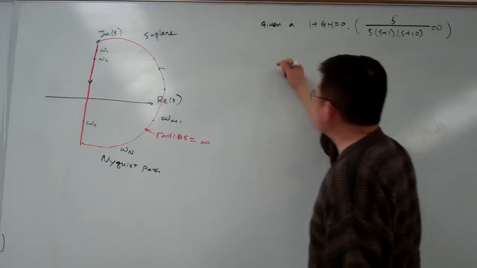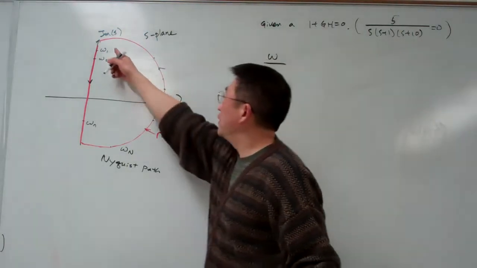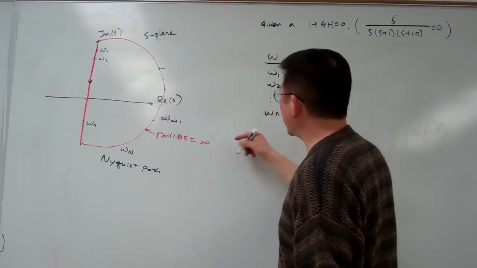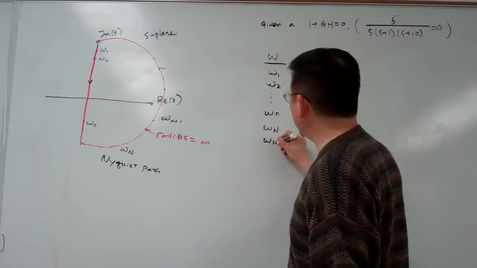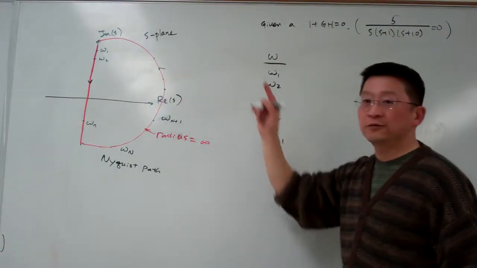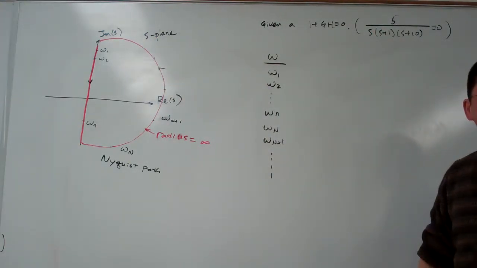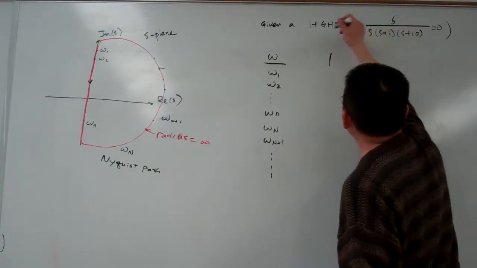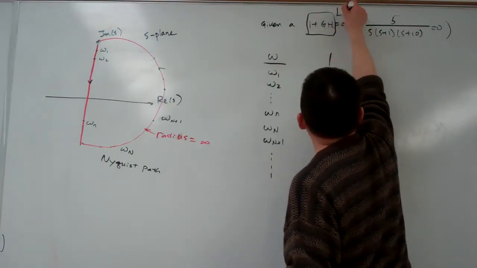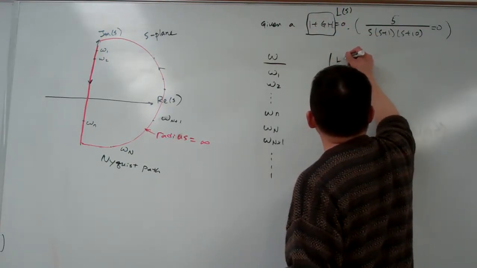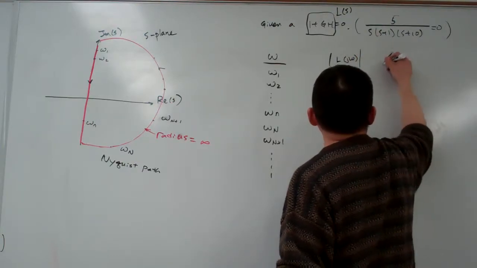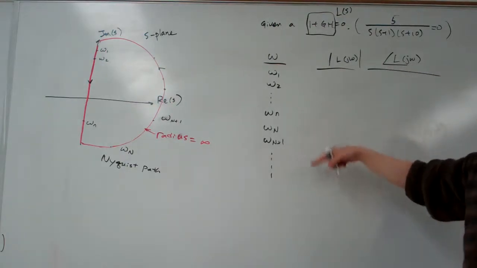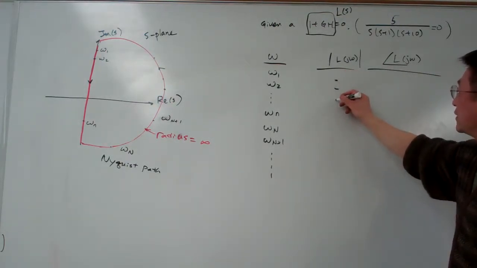So in this way, you can see here we can sample all the omega. We calculate omega 1, omega 2, omega n, and then omega n plus 1, as many as you like to pick, okay? Then you can calculate the G. So let me define this one as L over s. So you can determine the L of j omega. You can determine the magnitude and phase angle, right? So repeating our exercise, we can calculate those numbers.